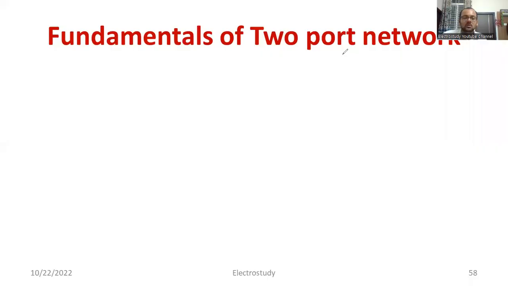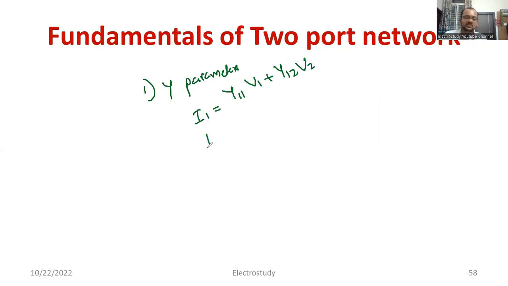Let me talk about Y parameters. This is also known as admittance parameter. How do you express Y parameters? I1 is equal to Y11 V1 plus Y12 V2. Likewise, I2 can be expressed as Y21 V1 plus Y22 V2.